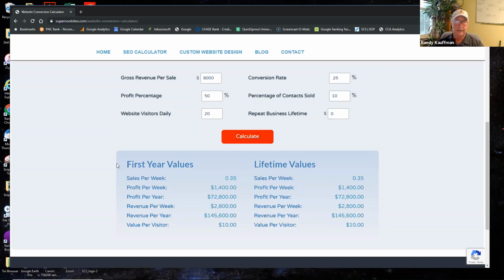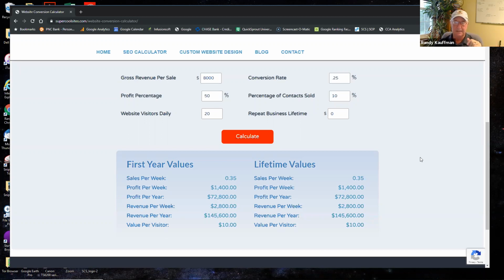You would have sales per week, 0.35. So it would take you 3 weeks to make a sale. Profit per week, $1,400. Profit per year, $72,000. Revenue per week, $2,800. Revenue per year, $145,000. Value per visitor, $10. Okay, so what is significant about that?